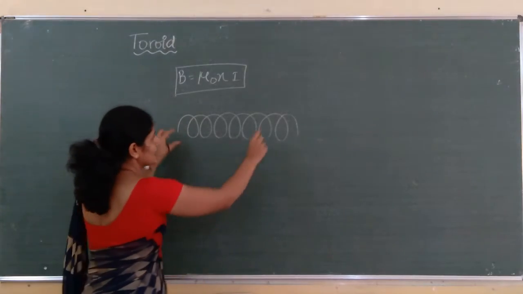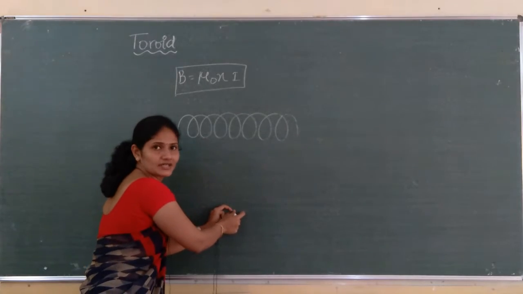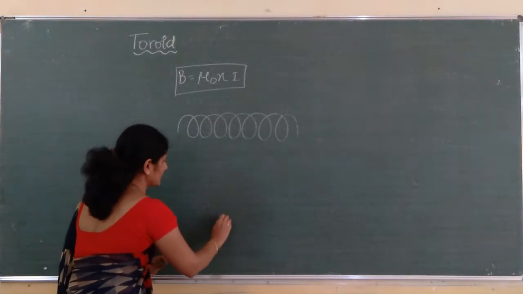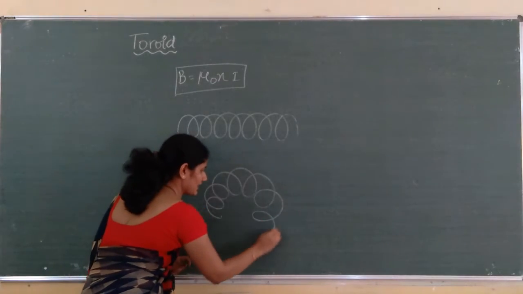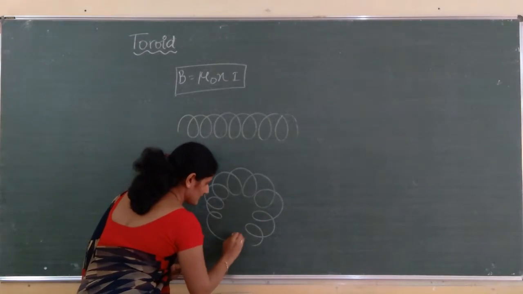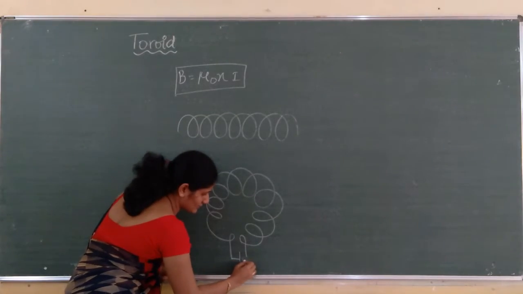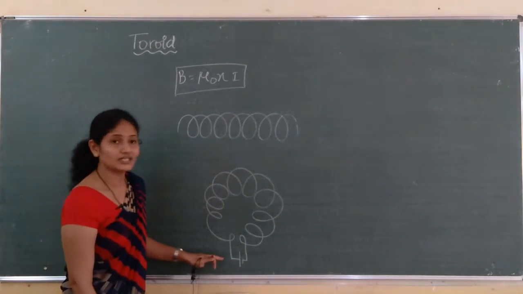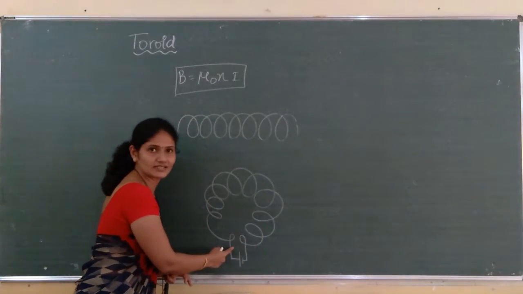That is, if the two free ends are bent in circular shape, then we get a circular ring like this, right. Here there are two free ends. If we connect it to a battery, then we get a circular ring like this. Okay.